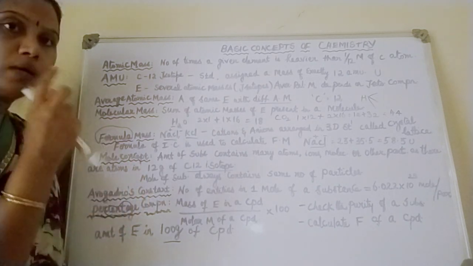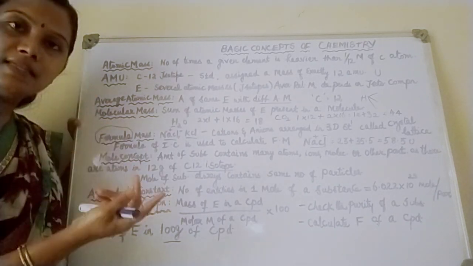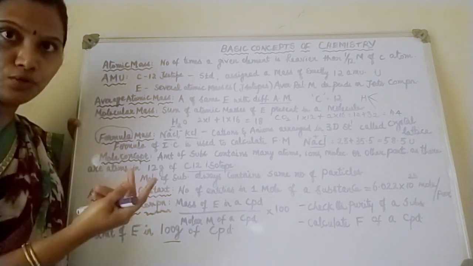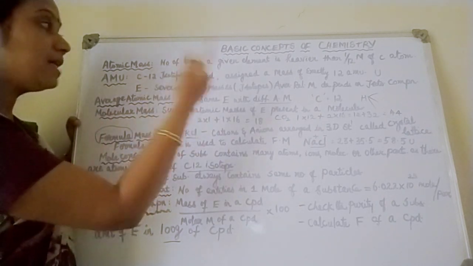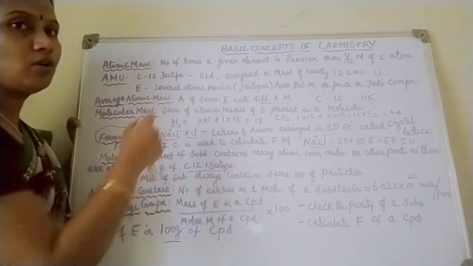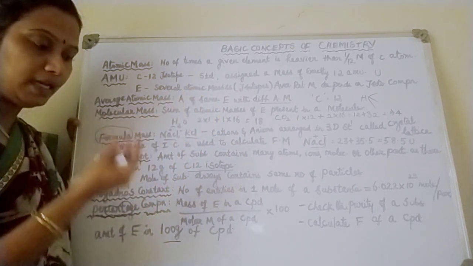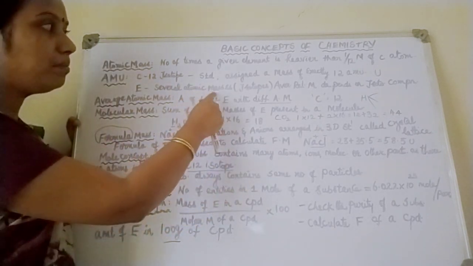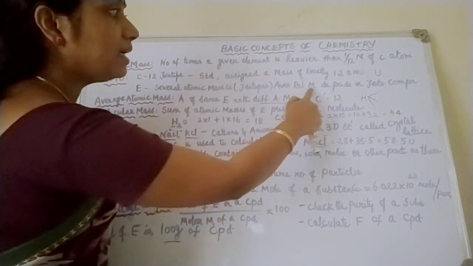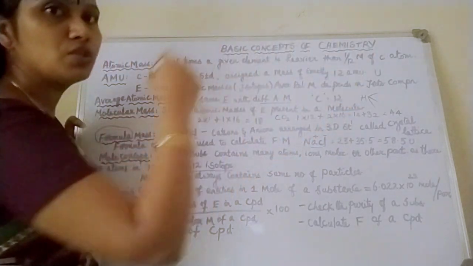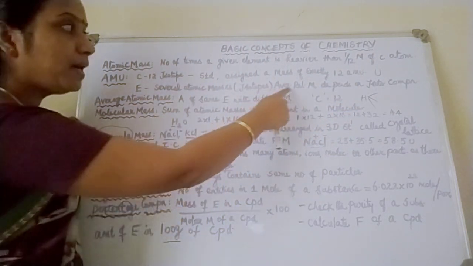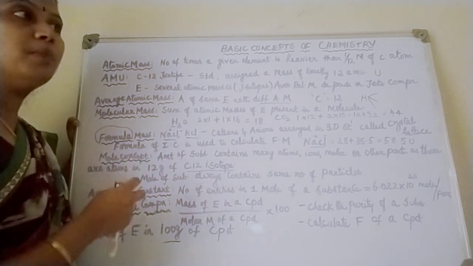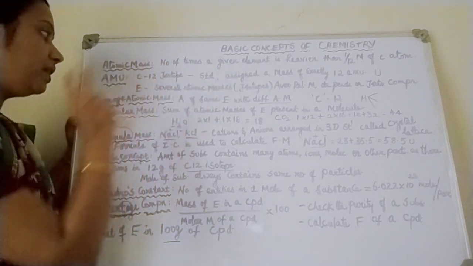So, a particular element may exist in different isotopes, and these isotopes will be having different atomic masses, and your average relative mass depends on the composition of the isotopes.